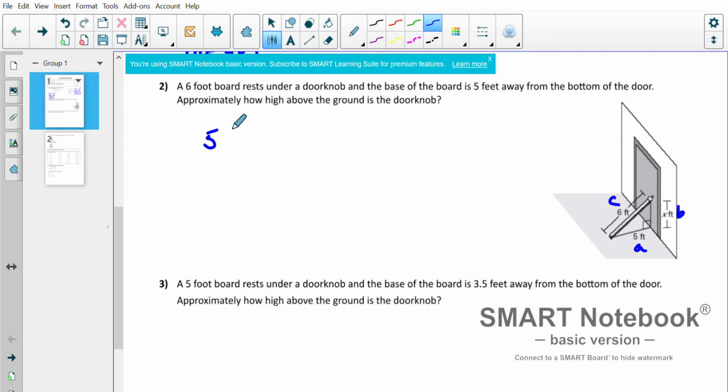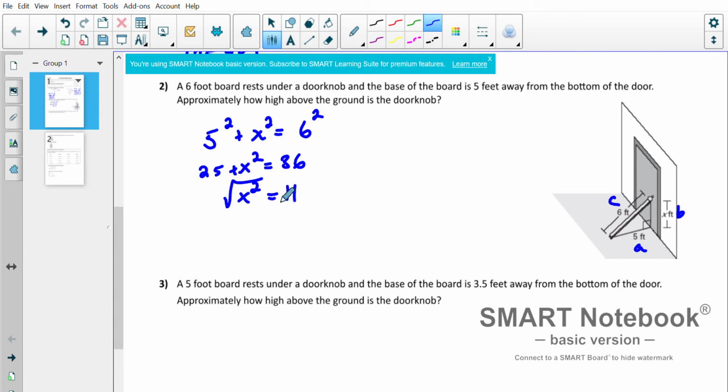So we have 5 squared plus x squared equals 6 squared. So 5 squared is 25 here, plus x squared equals 36. Subtract 25 from both sides, and x squared is equal to 11.